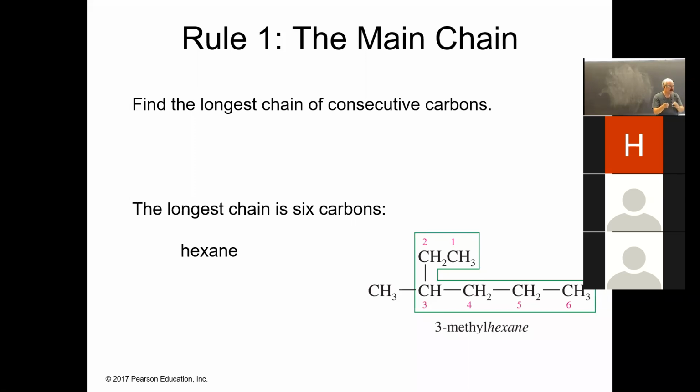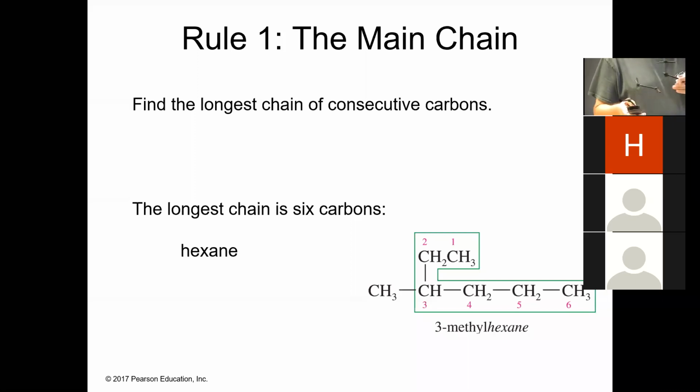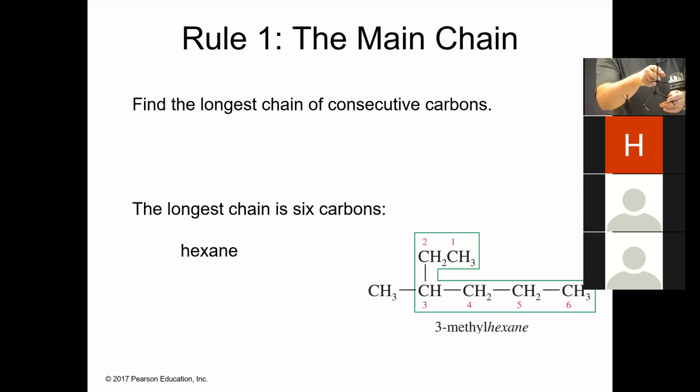But the main chain is actually 1, 2, 3, 4, 5, 6. And I'll see if I can zoom in a little bit so you can see that better. So here we go. This is one. Here's our main chain, and we can freely rotate.